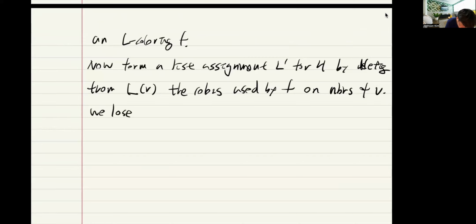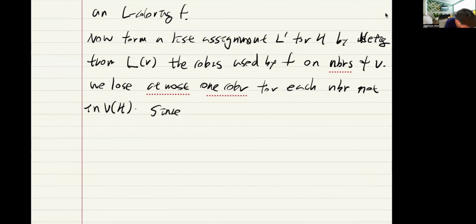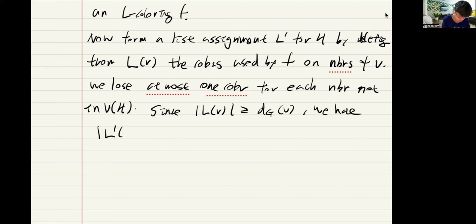Then we lose at most one color for each neighbor which is not in H. Then since the list size is at least the degree of v in G, we now have that the list size of L prime of v is at least the degree of v in H for all the vertices.